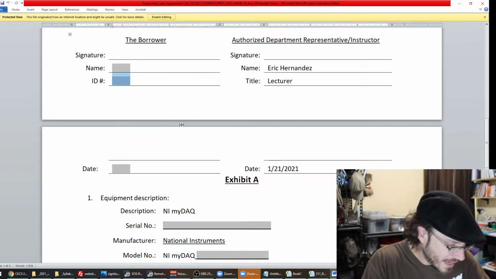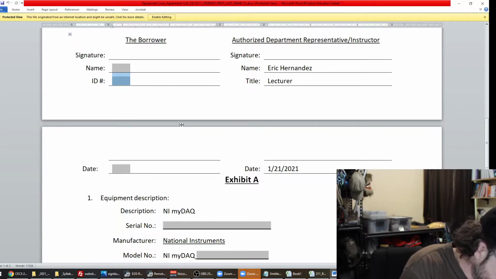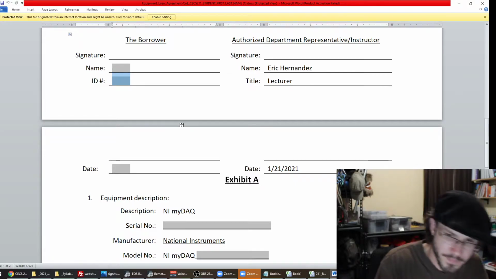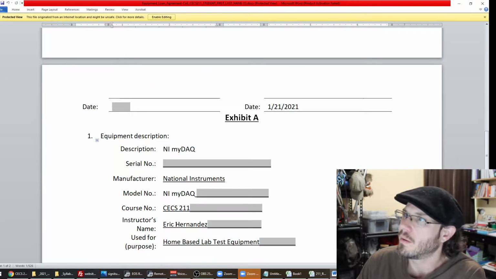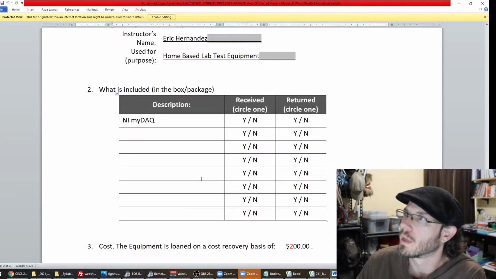I'm writing that down on my notes right now. Don't worry about filling in the serial number. Don't worry about any of this other stuff.